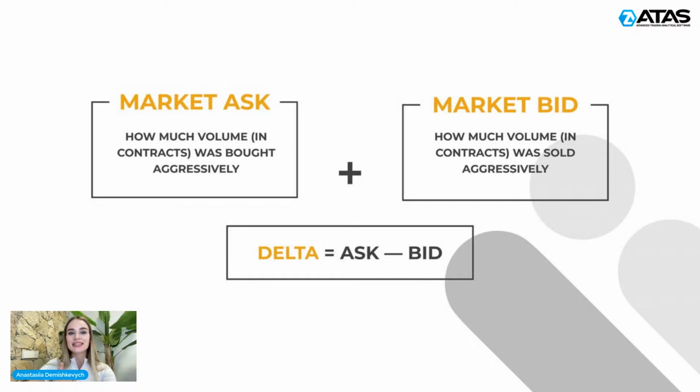So in short, delta equals ask, how much volume in contracts was bought aggressively, minus market bids, how much volume was sold aggressively in contracts. And this is going to tell us whether buyers or sellers were more aggressive during a specific period, a bar, a minute, or potentially a cluster.